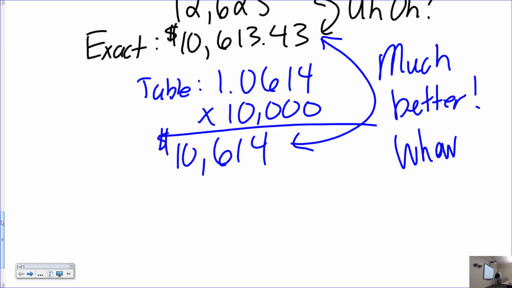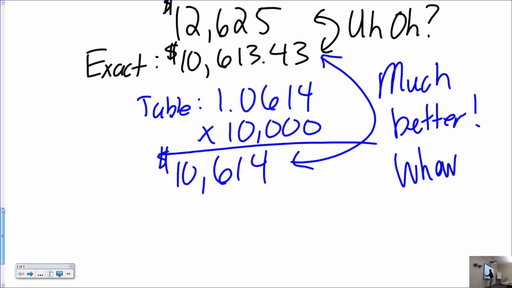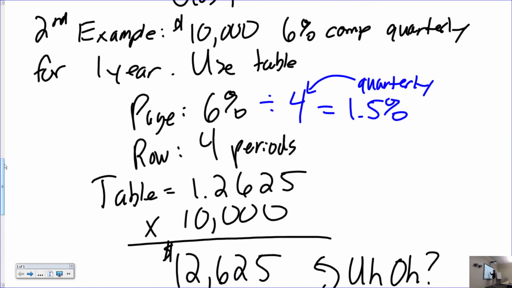So the key here is realizing that based on how many times you compound it, folks, you always have to divide your interest up by that amount. But I don't understand why you don't have to do it like that when you do it the long way? We did do it that way the long way, right?